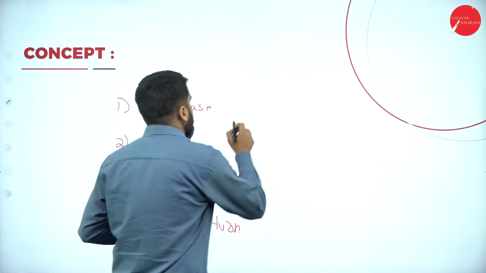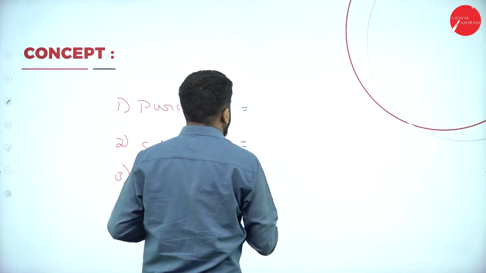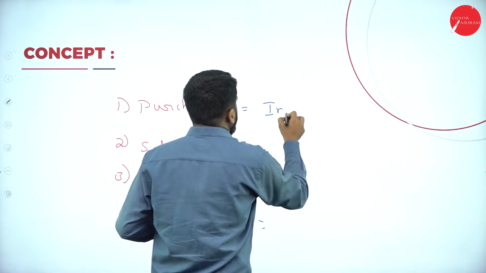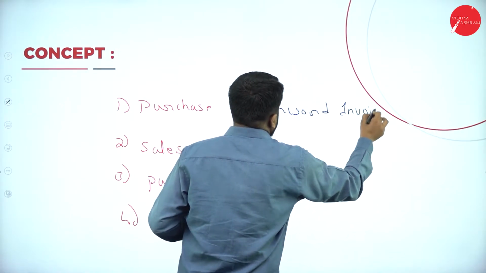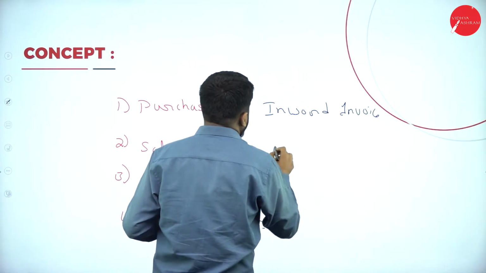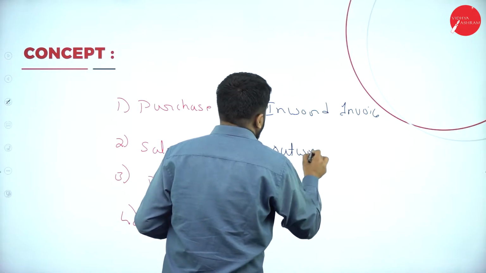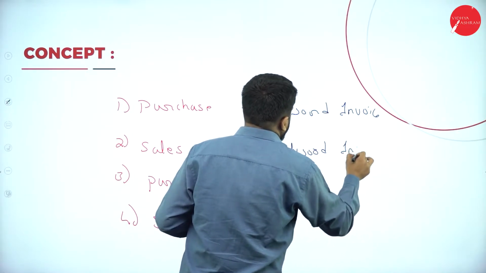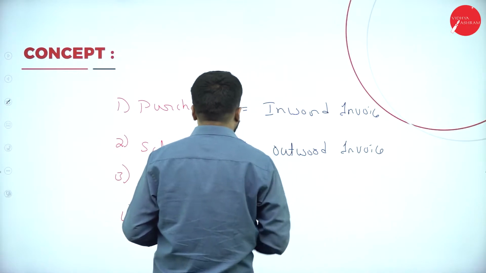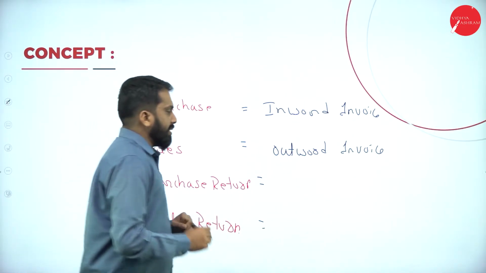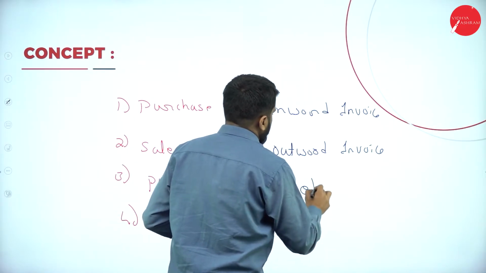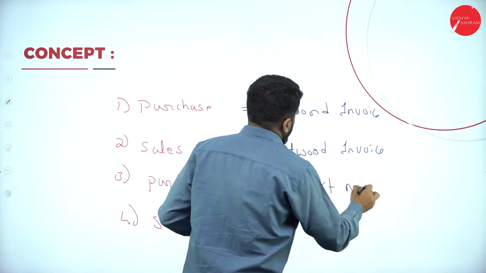Remember, for purchases, we always call it as what? Inward invoice. Next, for sales, outward invoice. For purchase return, we call it debit note.